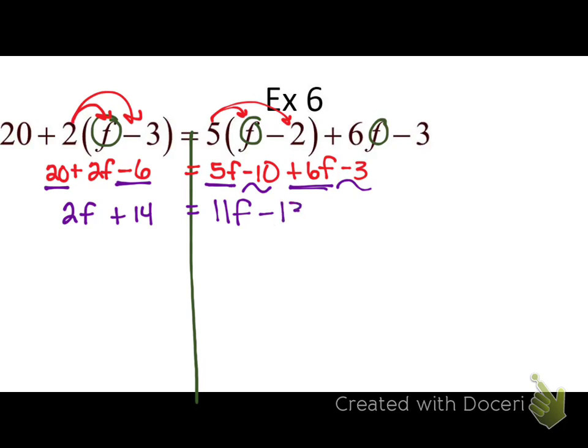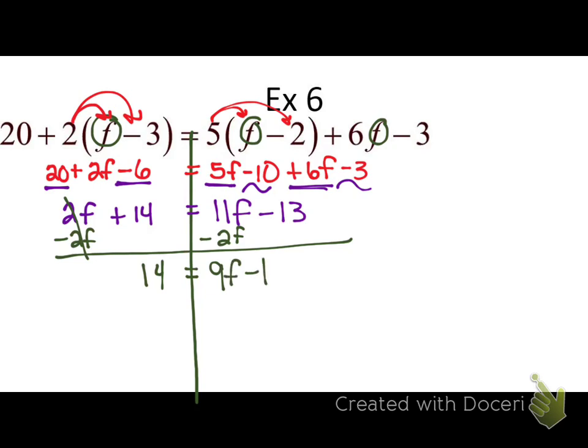That's right. Good. So we've done distributing and we've combined like terms. Now we've got to pick on our little guy. What's our little guy here? 2f. So I'm going to move that 2f from the left to the right, 11f minus 2f. And I'm now ready to solve as usual.